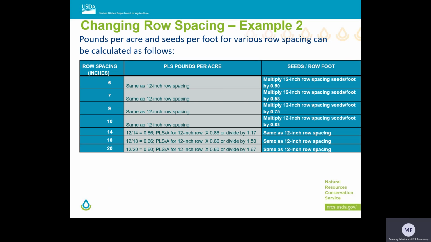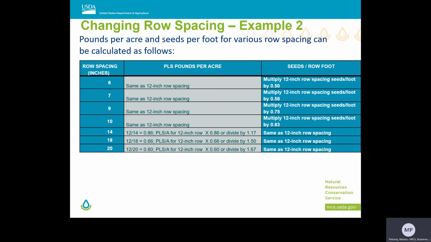You can see that we recommend on row spacings that are less than 12 inches, we use and maintain the 12-inch full stand seeding rate for those row spacings. In this case, the number of seeds per foot that are planted decreases as the row spacing decreases. But the number of seeds planted per acre is going to stay consistent.